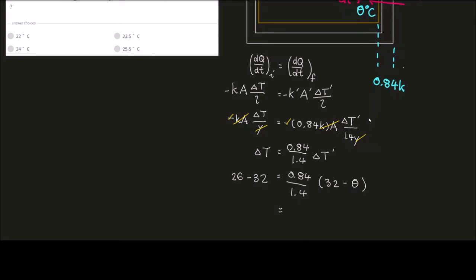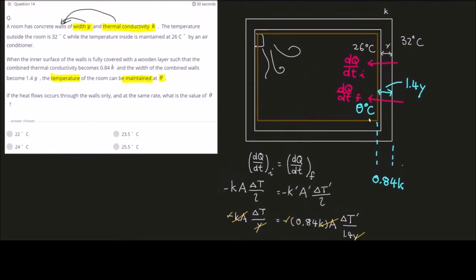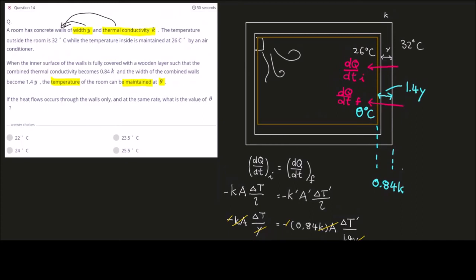So now if you shuffle everything around, you end up with an answer of theta equal to 22 degrees Celsius. So the new temperature in the room is 22 degrees Celsius. Therefore, our answer will be 22 degrees Celsius, A. Okay. So this is the situation.